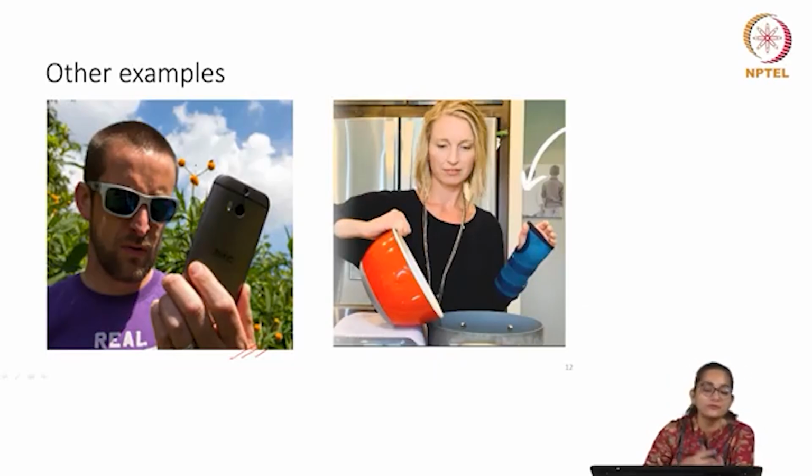For example, we all have experienced this when we want to see something on our phone in broad daylight, but we are unable to see the screen, or when we have to do household chores with one hand if we have a cast. So this is something we call situational limitation, and this is something we call temporary limitation.